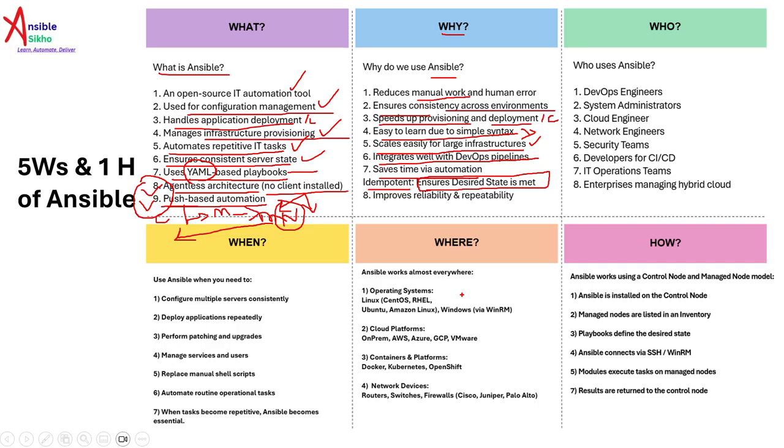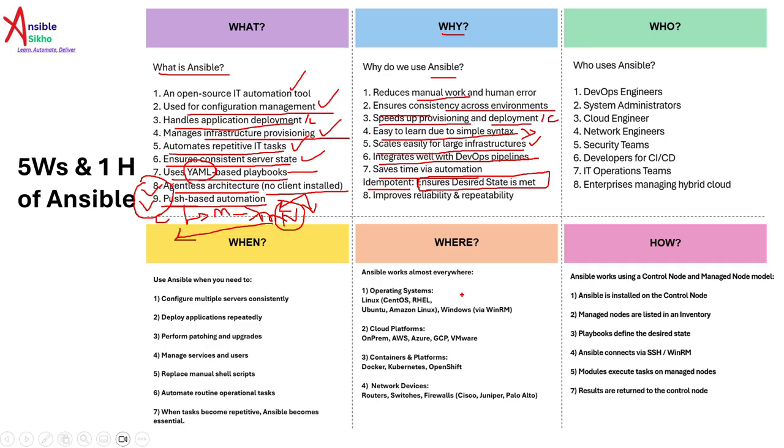But from next time, if I run the same playbook on the target node and the service is already in started mode, it is not going to make any configuration changes. It simply ignores that. It is not going to harm that server or restart the service. So this is called achieving idempotency.